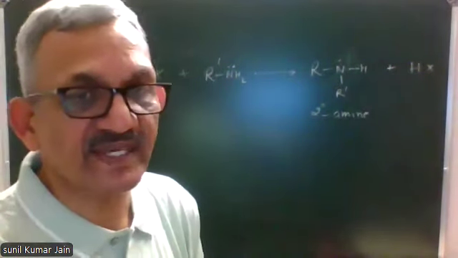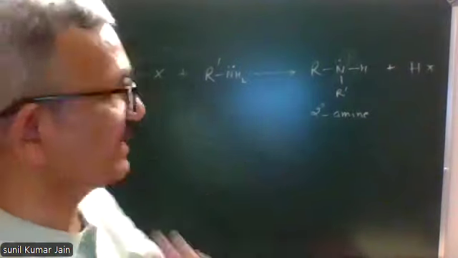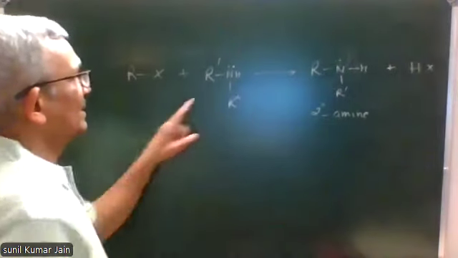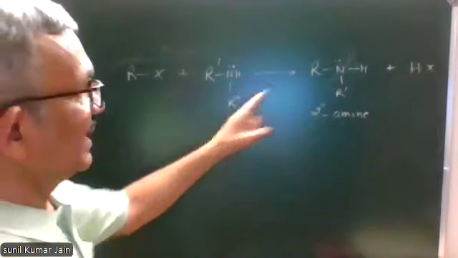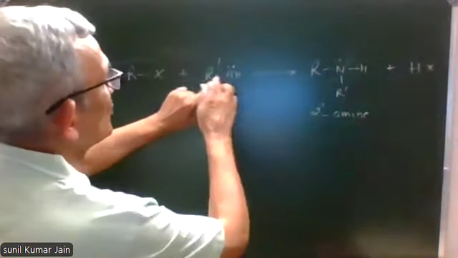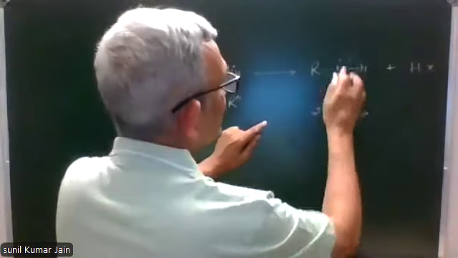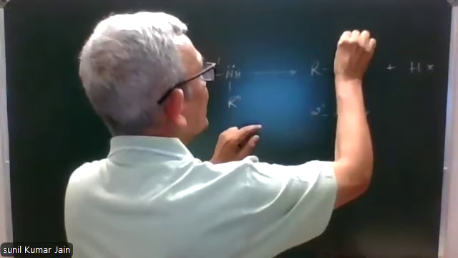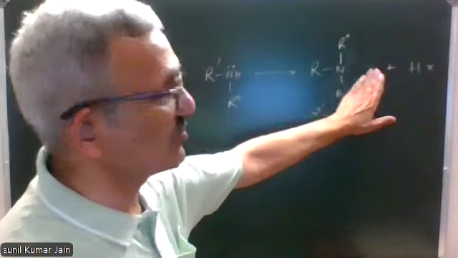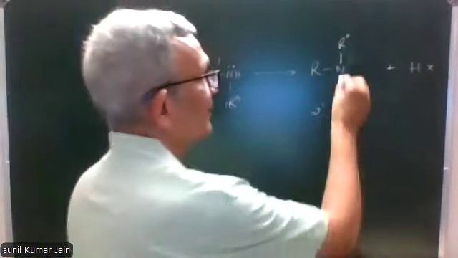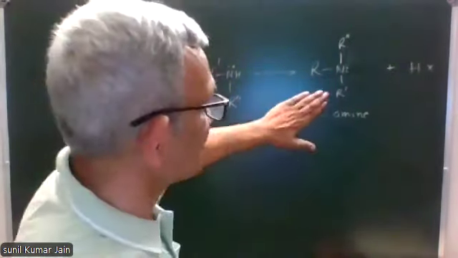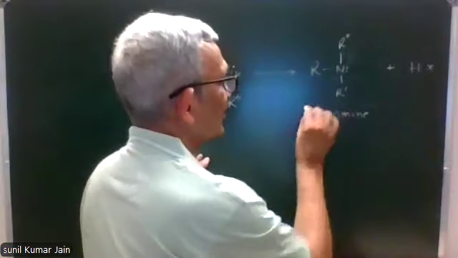Next, reaction number 6 is reaction with secondary amines. This is a secondary amine. Again, the attack will be through nitrogen. Nitrogen is bonded to hydrogen, alkyl and alkyl. After bond formation, there will be immediate loss of a small H plus ion, which combines with X minus to form HX, and the product obtained is a tertiary amine.